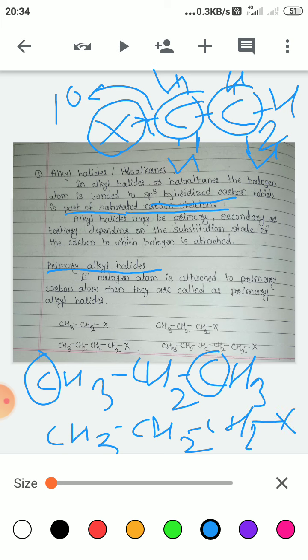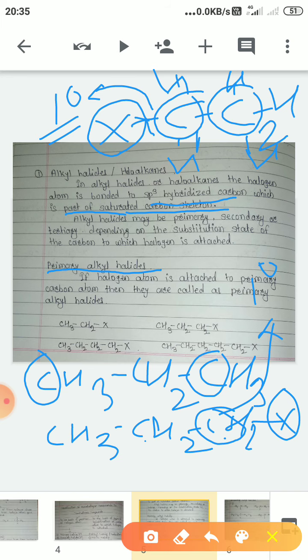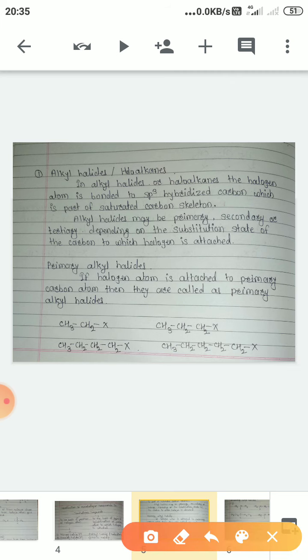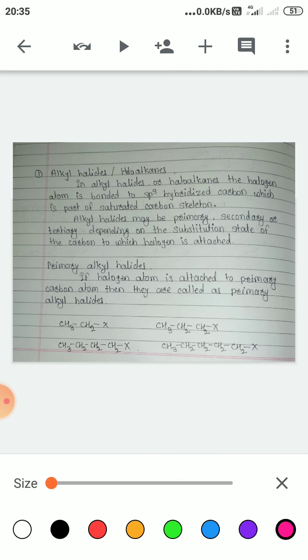That is, this carbon atom is attached to only the second carbon atom, therefore this carbon is called a primary carbon atom, and as the halogen atom is attached to a primary carbon atom they are called primary alkyl halides. Or simply we can remember, if the halogen atom is attached to a terminal carbon atom then such alkyl halides are called primary alkyl halides.